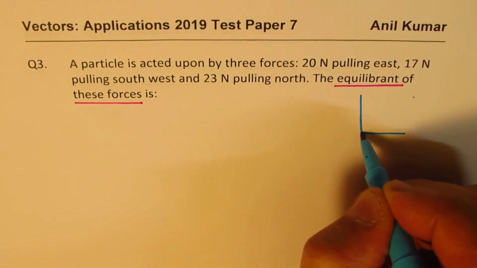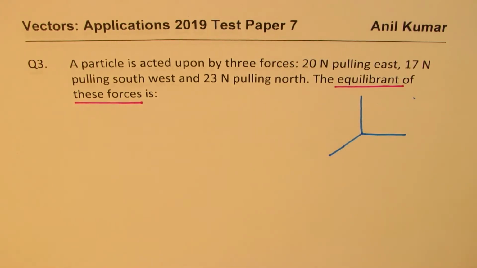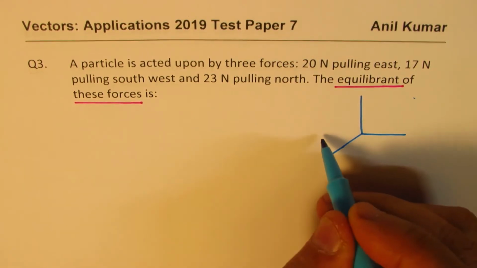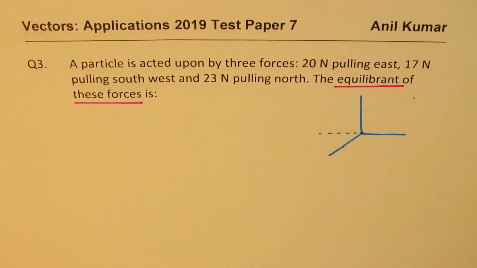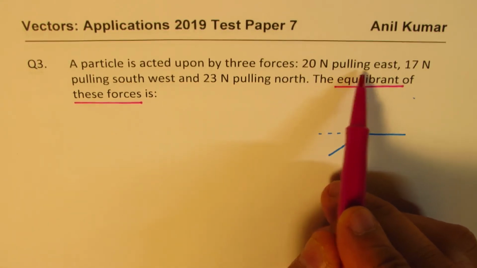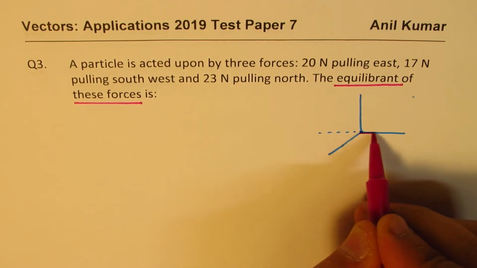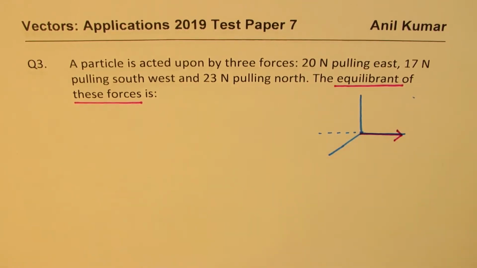So let's say these are the 3 forces. We should have drawn the axis kind of like this. Okay. So what I'm trying to say here is a force of 20 Newton pulling east, right? So this is east direction. We are saying 20 newtons pulling east.